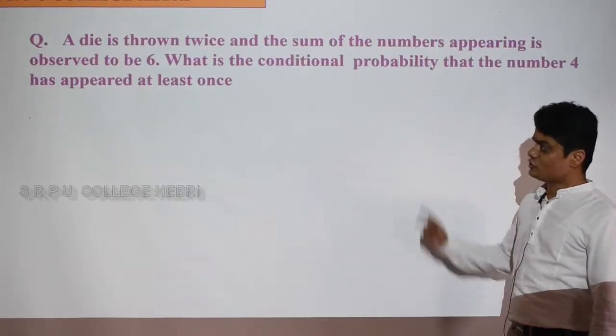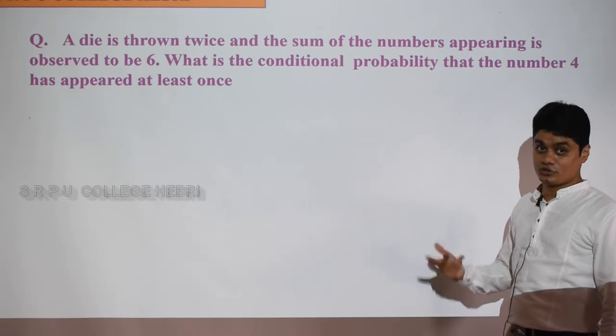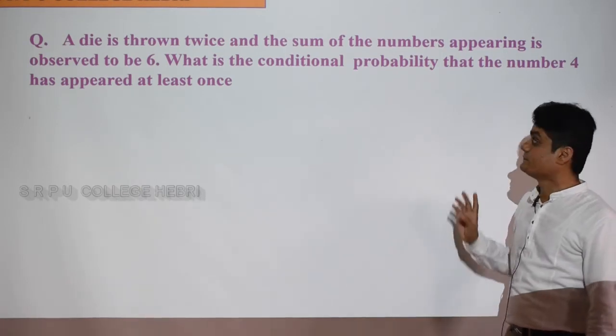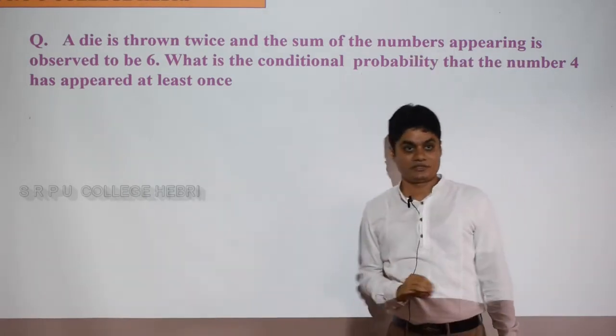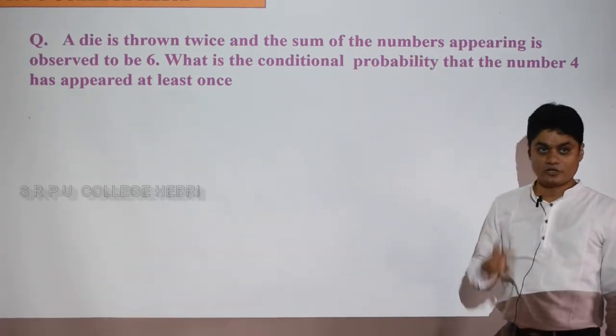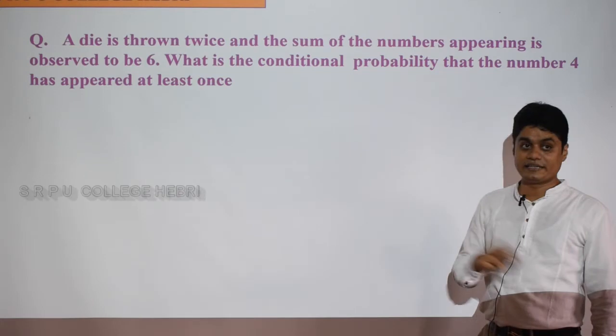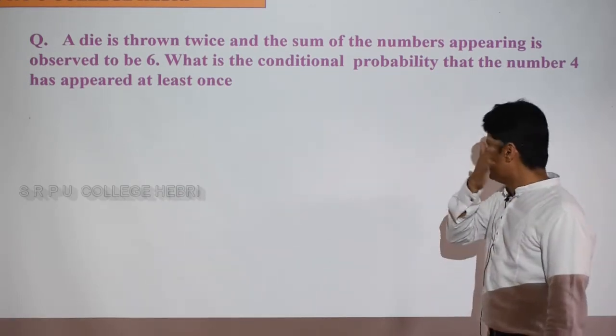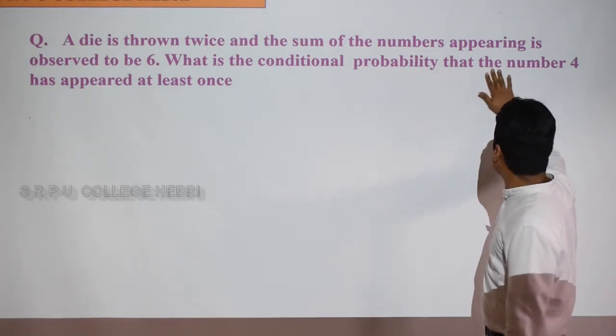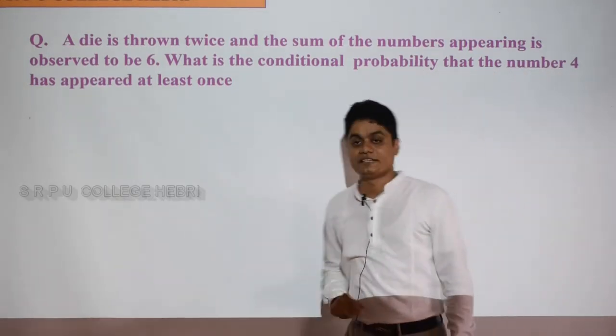Okay, next. A die is thrown twice. You know what a die is, right? And the sum of the numbers appearing is observed to be 6. When the die is thrown twice, the numbers are observed, and that sum is 6. What is the conditional probability that the number 4 appeared at least once?